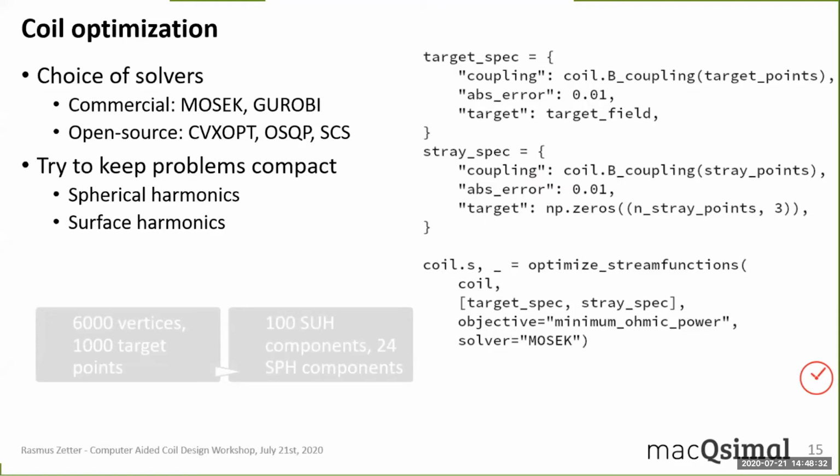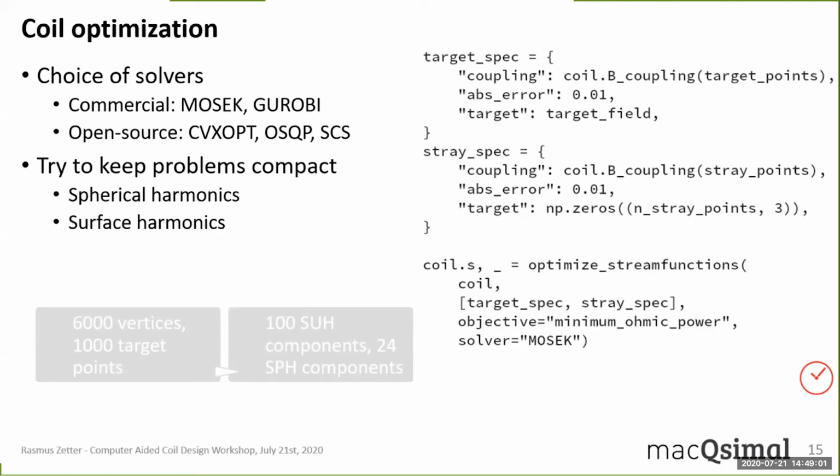which brings me then to that it's good to try to keep problems compact, just generally, and the spherical harmonics and surface harmonics are kind of tools to help us with that. So for example, in a good case, if we have 6,000 vertices and 1,000 target points in which we want to specify the magnetic field, we can perhaps boil that down to 100 surface harmonics components and 24 spherical harmonics components.